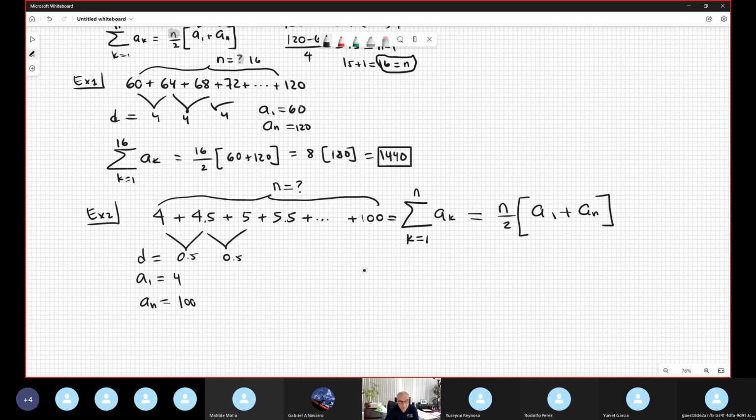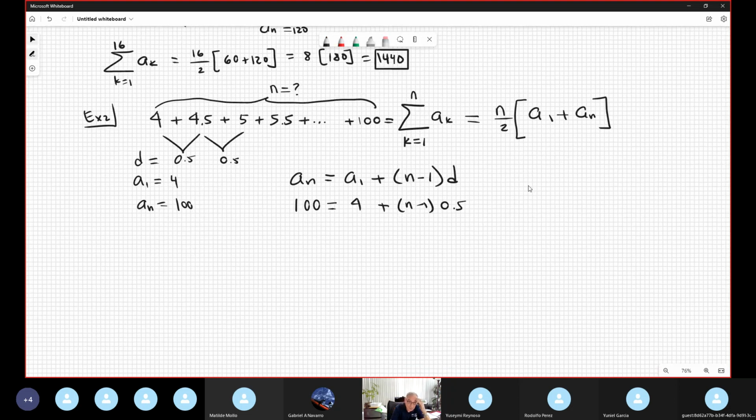Okay, to find m, we're doing something similar to the other problem. I know that a sub n is equal to a sub 1 plus n minus 1 times d. a sub n is 100, a1 is 4, plus n minus 1 multiplied by 0.5, which is d.